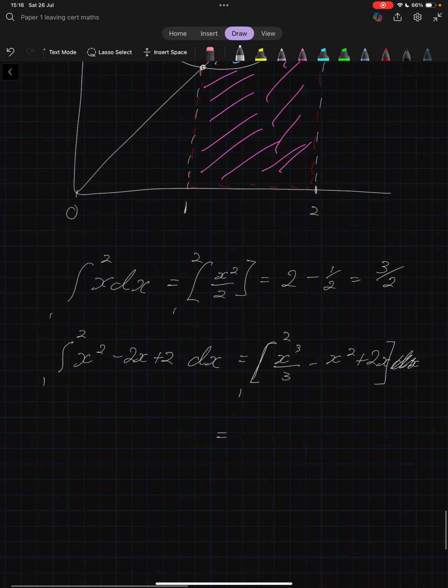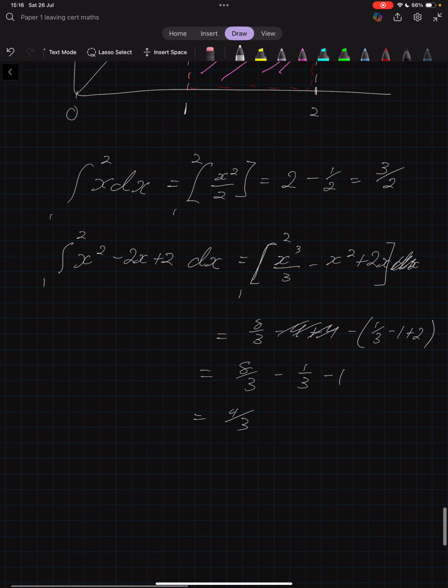If I plug in 2, I'm going to get 8 over 3 minus 4 plus 4. So they just cancel. Minus, if I plug in 1, I'm going to get a third minus 1 plus 2. So it's 8 over 3 minus a third minus 1. So it's going to be 4 over 3. Okay. So it's going to be 4 over 3.